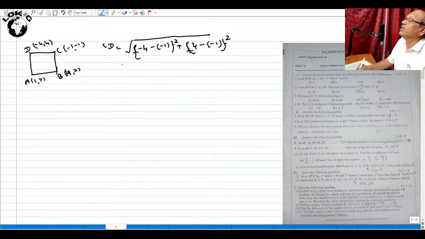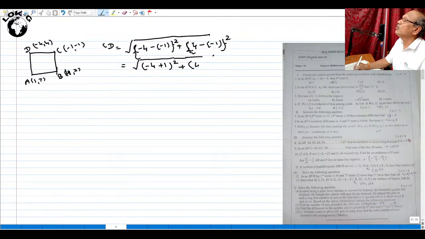Be careful whenever you handle a negative sign, very dangerous thing. Minus 4, minus of minus 1 becomes minus 4 plus 1 square, plus you can take 4, minus of minus will be plus 1 square. Let us check now, otherwise you will get the wrong answer, my dear students. Minus 4 plus 1 is minus 3 square.